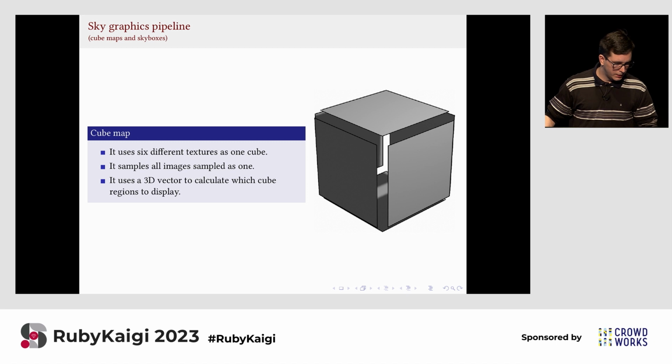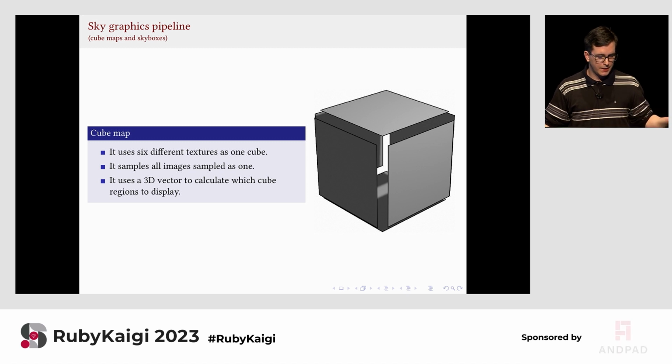Also, there are cube maps. Cube maps are a way to render the background in the game. Usually we use them to render the sky. Because we can look at the sky in any direction, we need to see it in any direction we look.